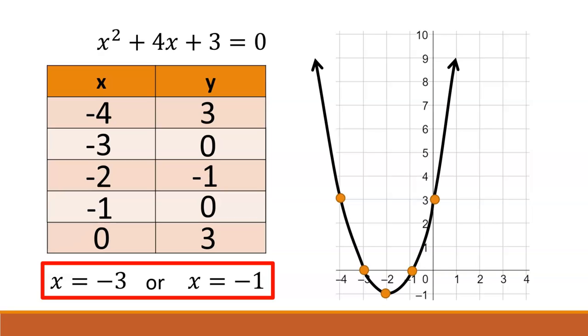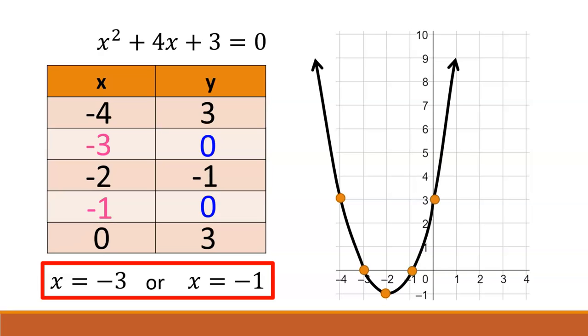We substituted y for 0 and then 0 for y, meaning that y and 0 are interchangeable. So let's look in the y column of the table and find the 0 values. The corresponding x values are the solutions to the quadratic equation. And there we have it, negative 3 and negative 1.